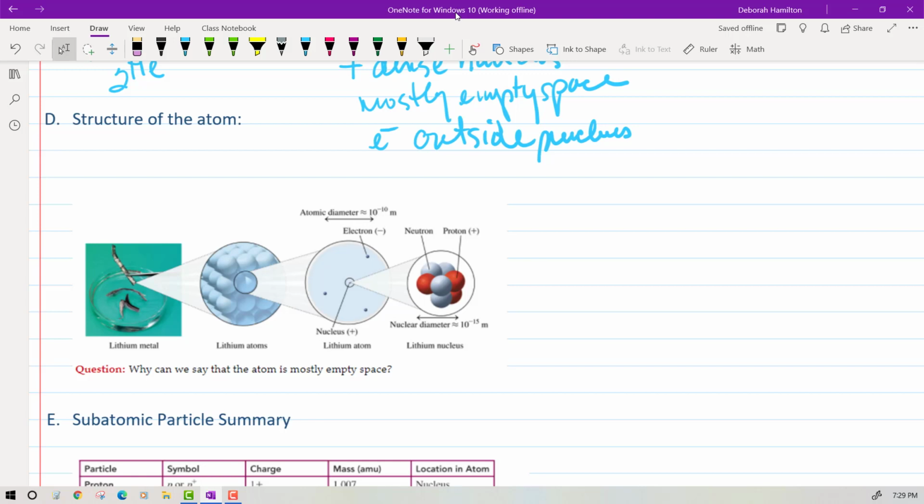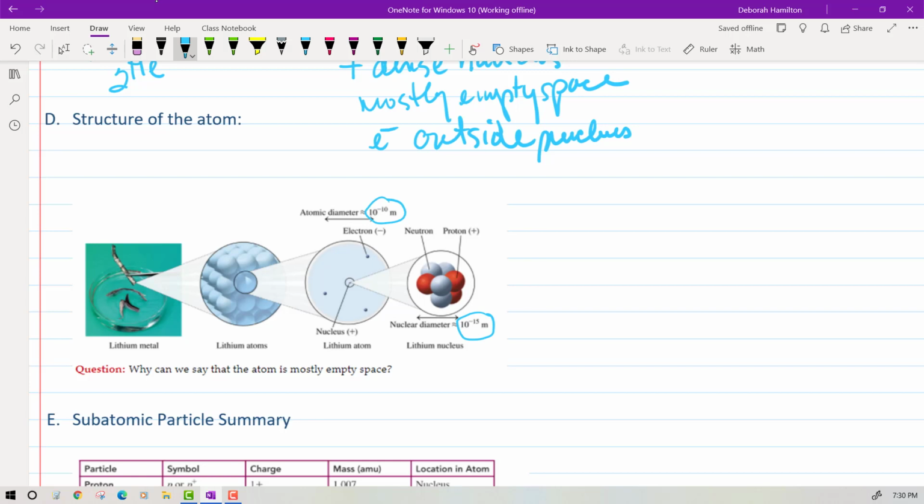Here's a nice cross-section blow-up of lithium metal in this petri dish. So we see the lithium atoms together in the metal. Then we're zooming in on a lithium atom itself with the nucleus being so tiny. The diameter of the atom is 10 to the minus 10th, and the nuclear diameter is 10 to the minus 15th.